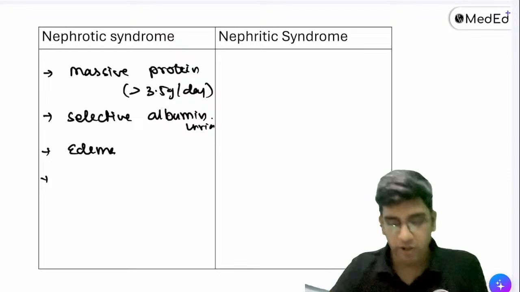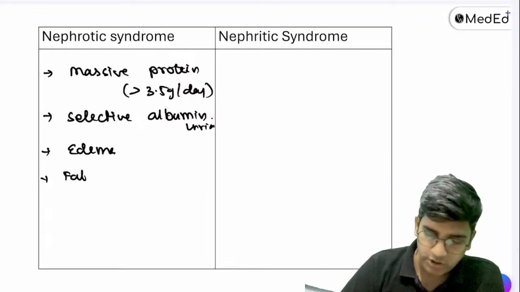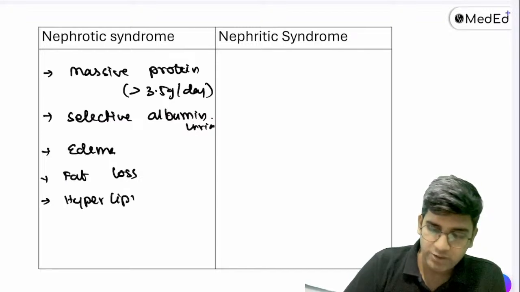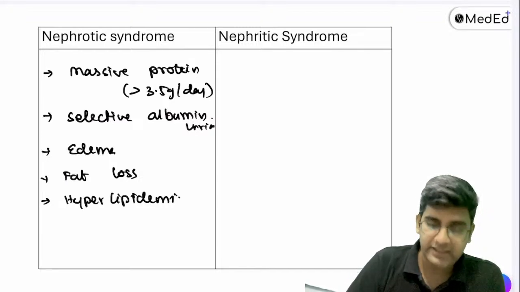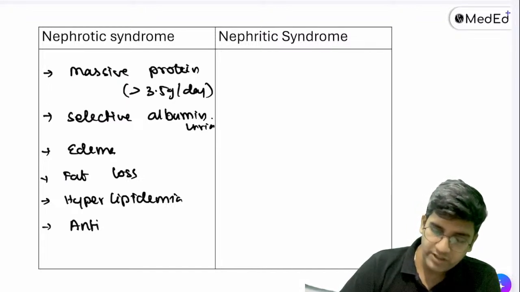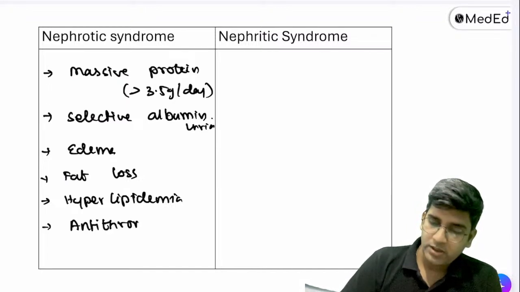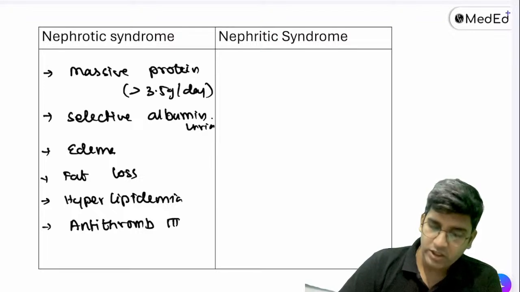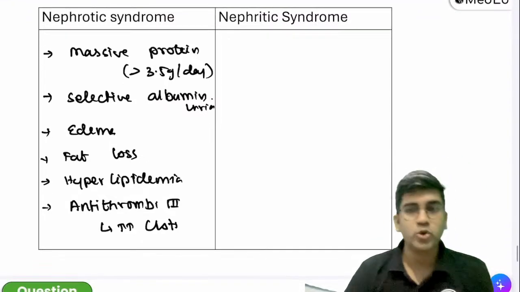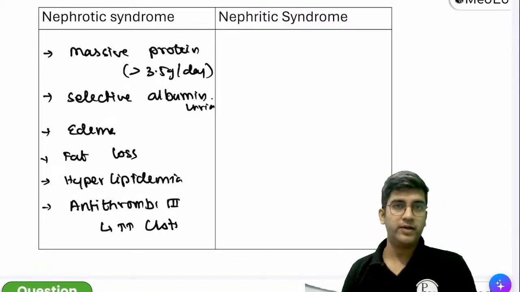Not just protein will be lost, fat also will be lost. Because of that, I have hyperlipidemia. The liver tries to compensate and the fat content elevates. Not just that, we lose antithrombin 3. When antithrombin 3 is lost, there's increased risk of clot. That can also be a symptom of nephrotic syndrome, right?